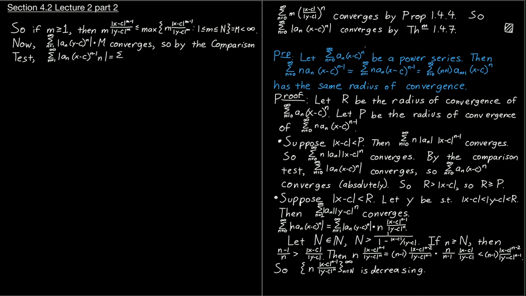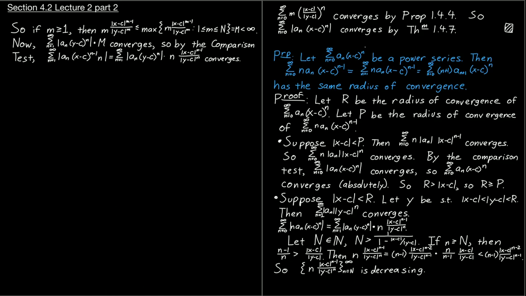Because remember, you can write it this way: |y minus c| to the n times the thing we have just at great length shown as bounded, less than our big M. So this thing converges.